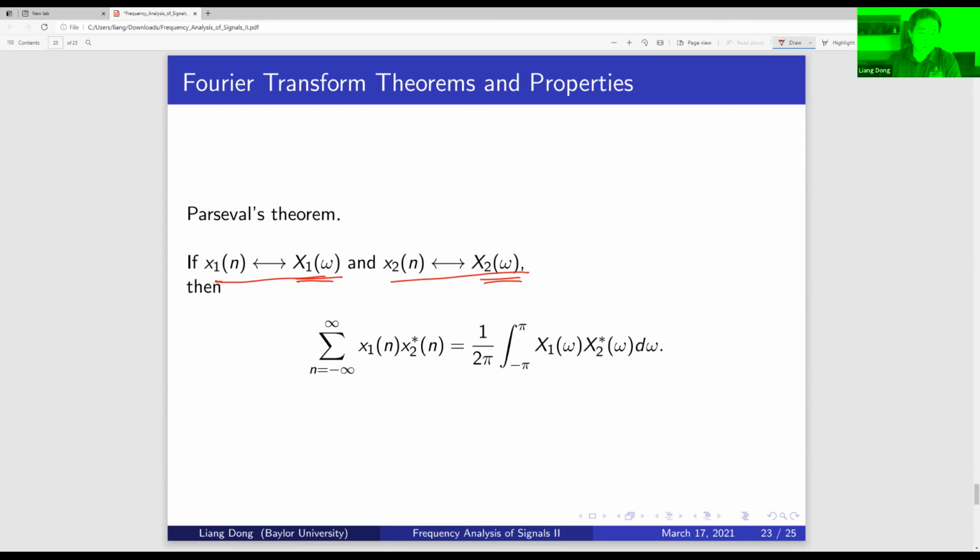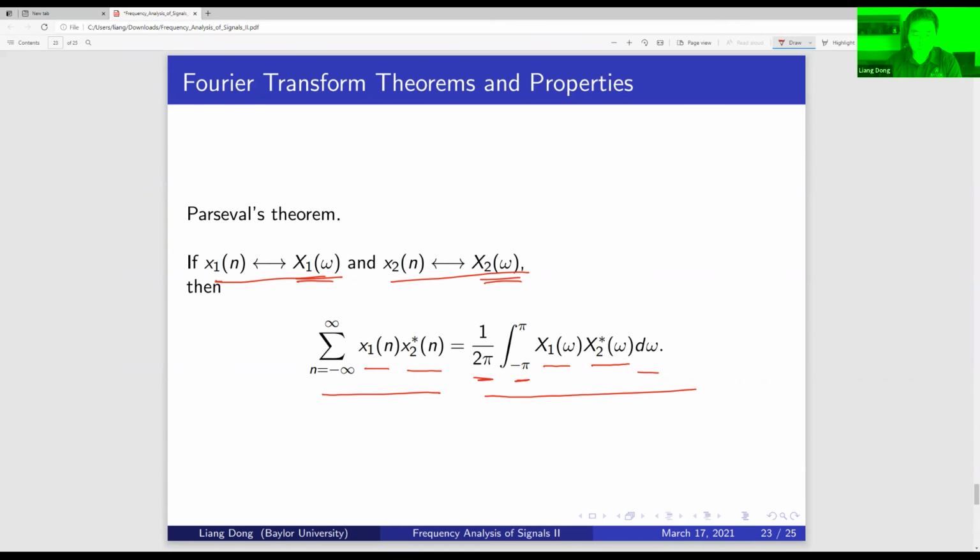If I sum over x1 n times x2 conjugate, what we have here is the frequency domain signal X1 omega times X2 omega conjugate, then integrated over one period, over 2 pi. Okay, divide by 2 pi. This is just a normalizing constant. Then those two parts will be the same.